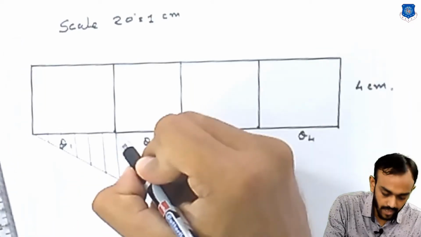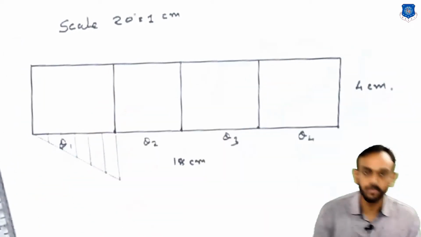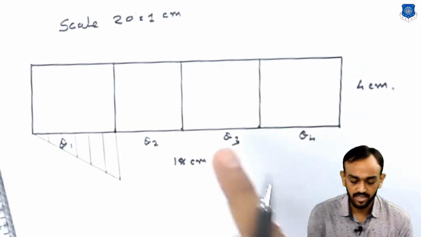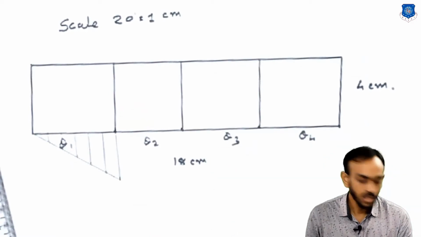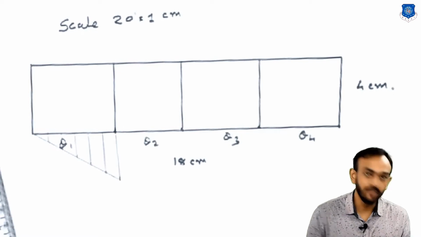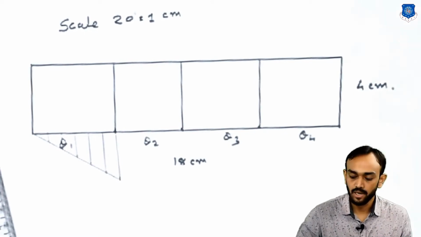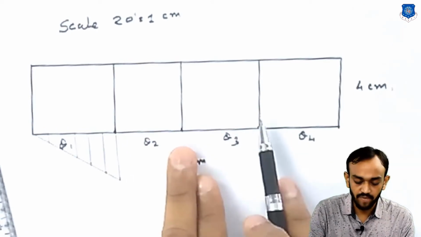So we get the 6 partitions of that rise. Now theta 3, which is 4.5, so you can divide this 4.5 into 6 parts. Theta 3 is 45 mm.